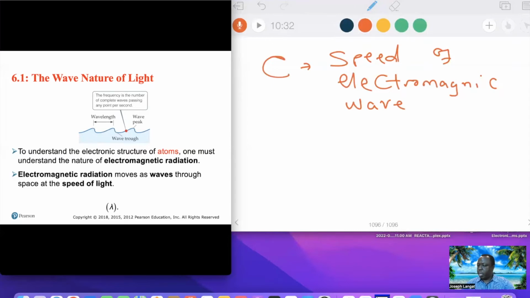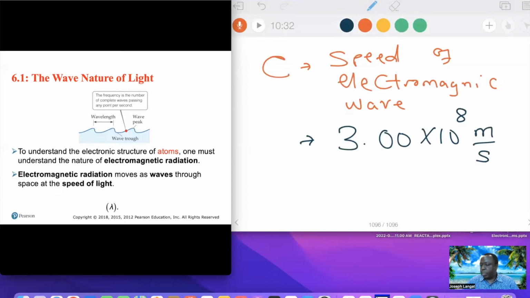And the constant value for this is 3.0 times 10 raised to positive 8 meters per second. Please remember the units. This is the speed of light.